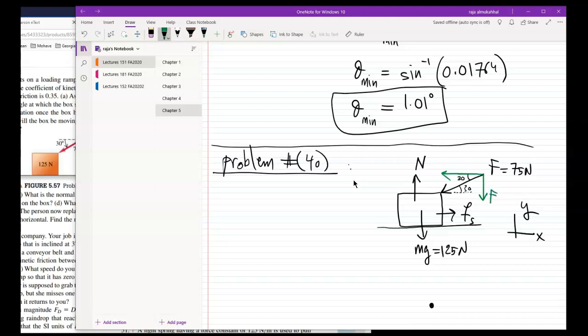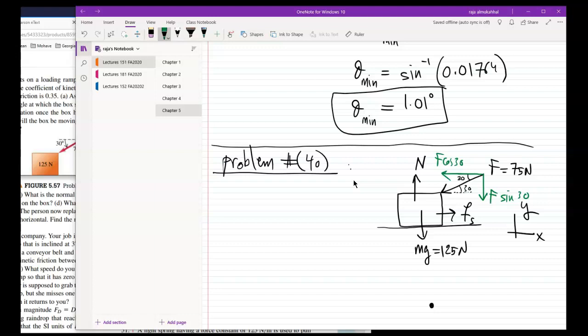This one is F sine 30. And this one is F cosine 30. You can pause the video and think about why I picked sine and cosine here. Let me make sure I did it correctly. Yeah, it should be sine, yes.